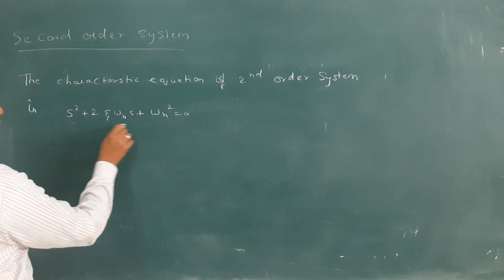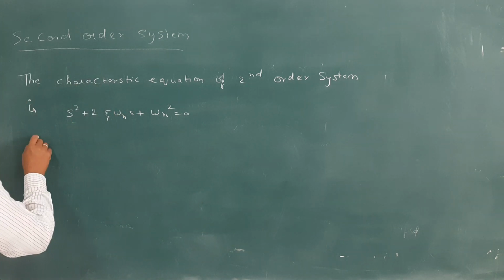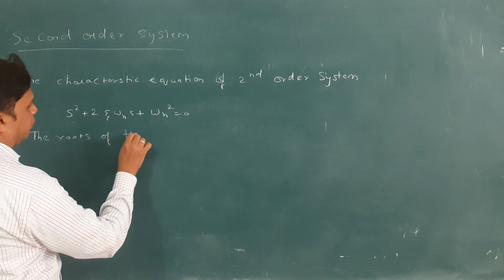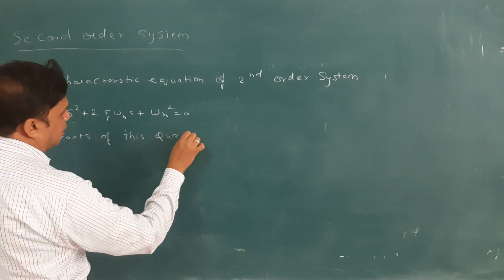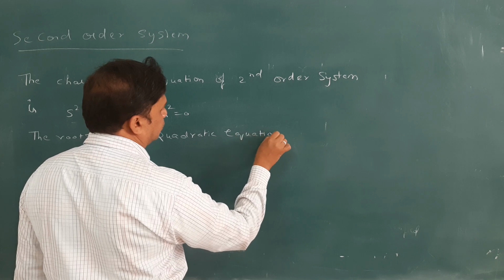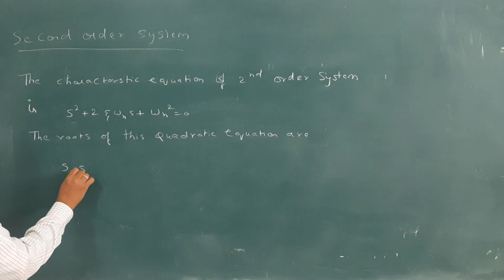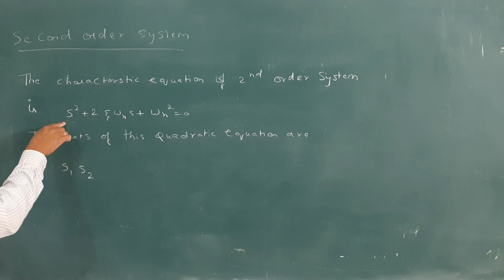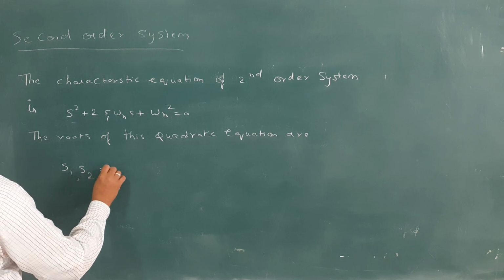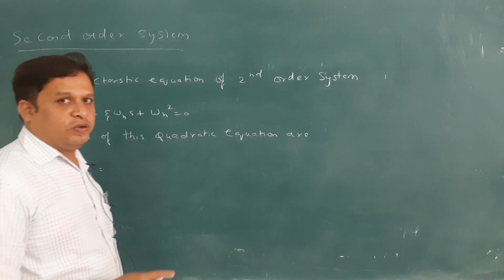Now this is a quadratic equation. If you see here, this is in the form of ax square plus bx plus c. So the roots of this quadratic equation are s1 and s2 because it is a variable in s. s1, s2 is equal to minus b plus or minus square root of b square minus 4ac by 2a.